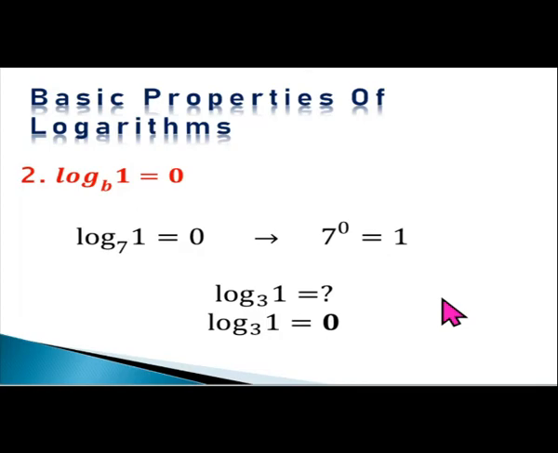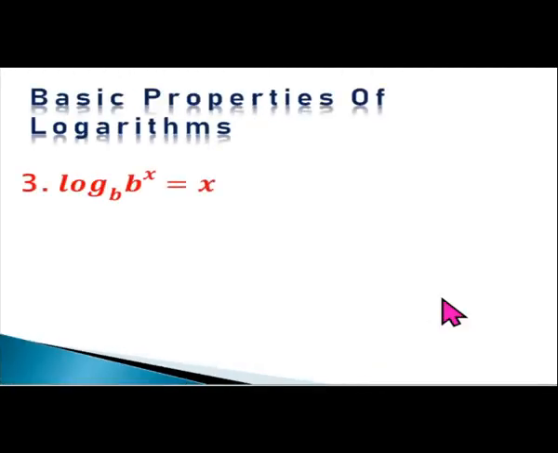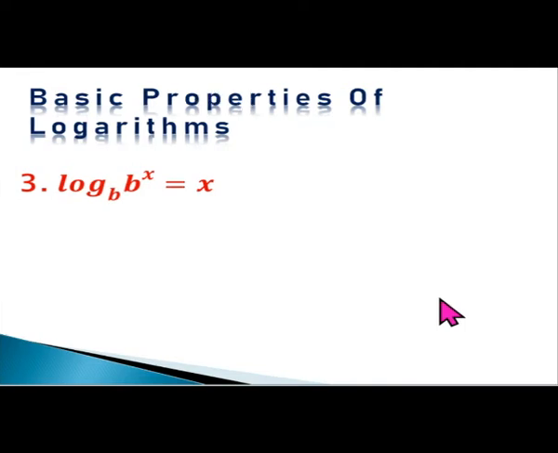Now let us go to the third property, that is all about the logarithm of b raised to x with base b is equal to x. As you can see, in our property, the answer to your logarithm is actually the exponent of your b.